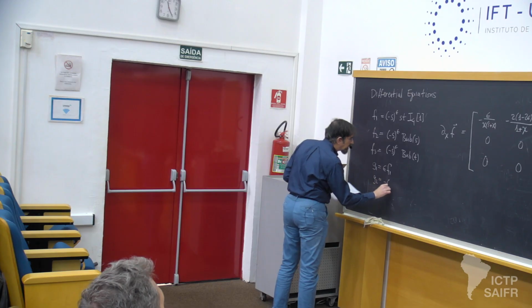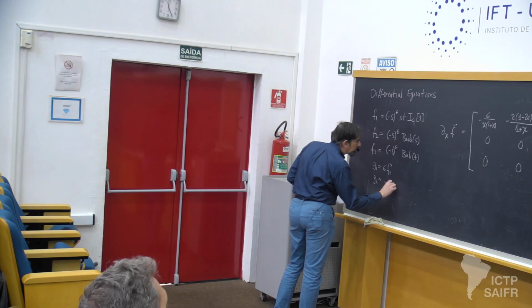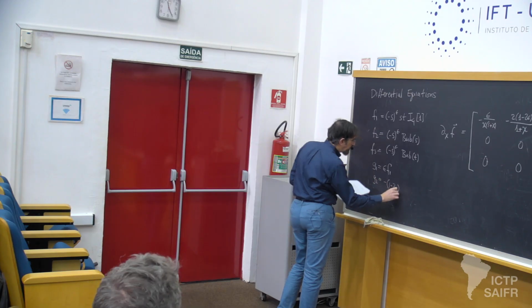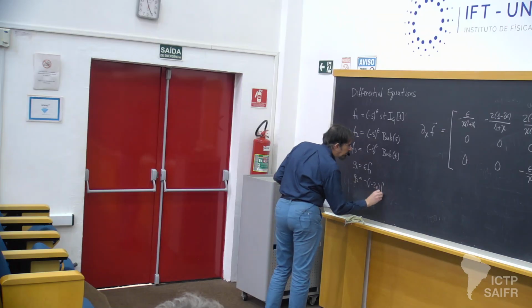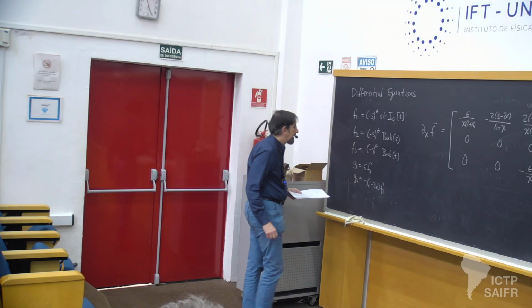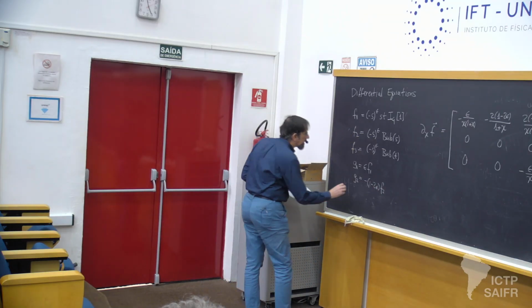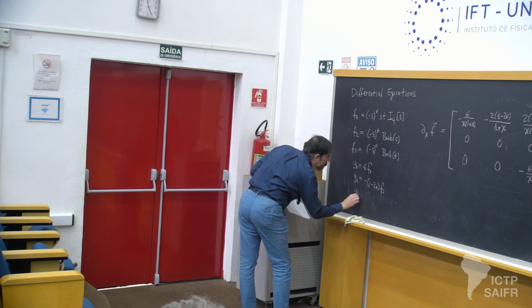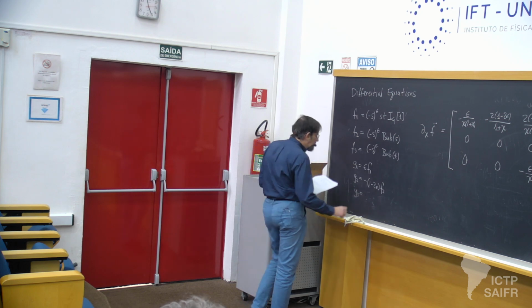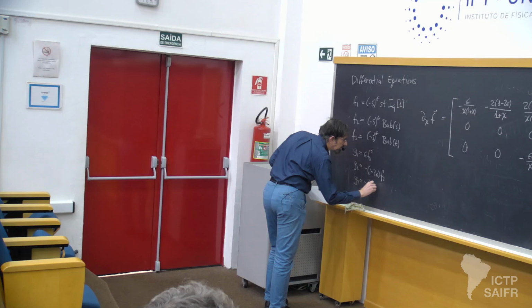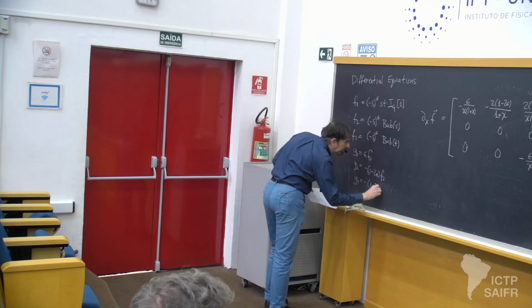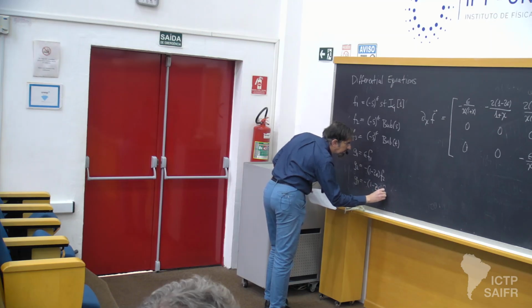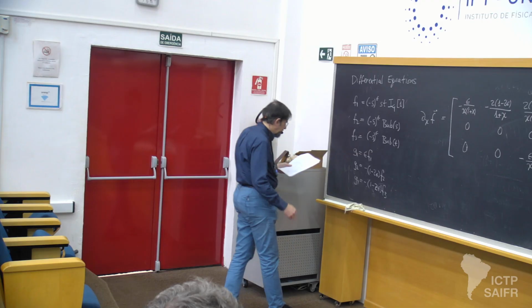In general, there's a matrix that will relate the two bases, whatever basis came out of the IBPs, and the basis that's good for the differential equations. So we're just going to scale out, in this case, a constant from F3.